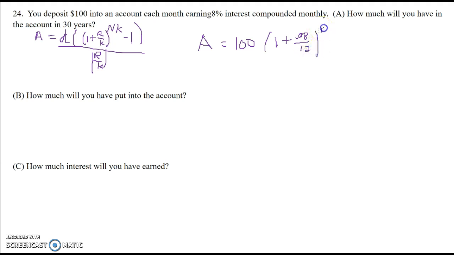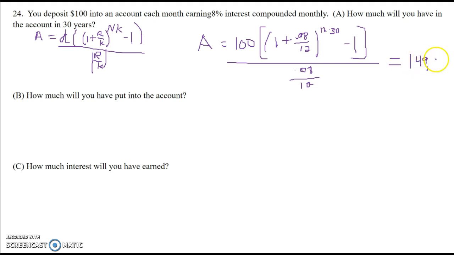All that's going to be raised to the 12 times 30, and I'm going to subtract 1 from that. And then I'm going to divide it by 0.08 over 12. So when I do all that, I can simplify all that on the calculator. When I do that, I get $149,036.